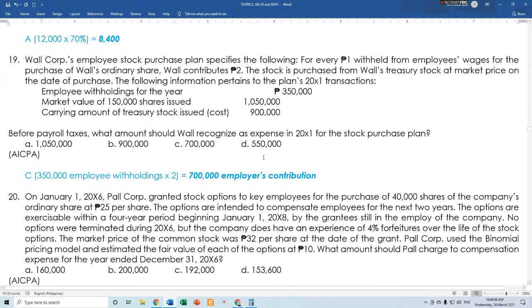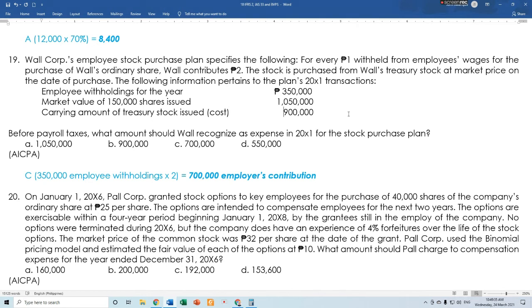For number 19, the company's employee stock purchase plan specifies the following: for every 1,000 withheld from employees, the employer will contribute 2 pesos. The stock is purchased from Wall's treasury stock at market price on the date of purchase.